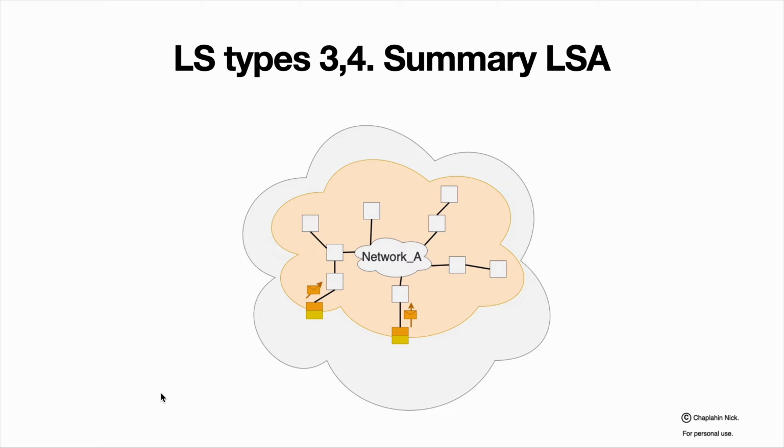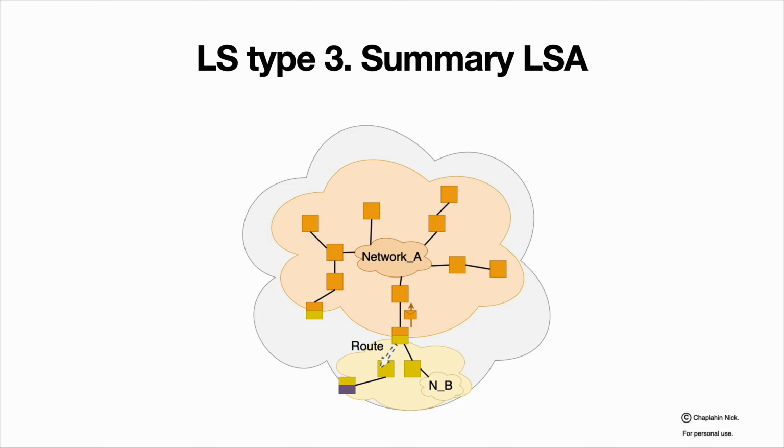Summary LSAs are LSAs that inform devices and routers within some specific area about routes to devices in other areas. This is LS type 3. Routes to other devices in other areas that are generated for devices in a specific area are LS type 3.